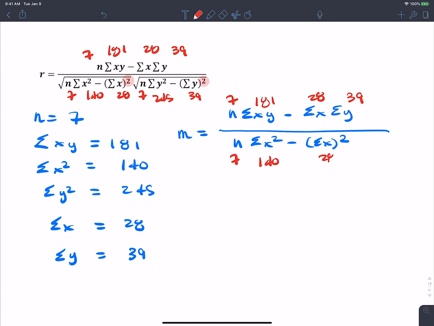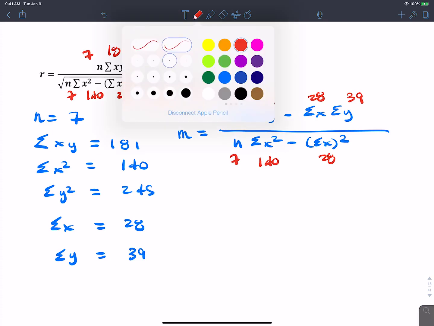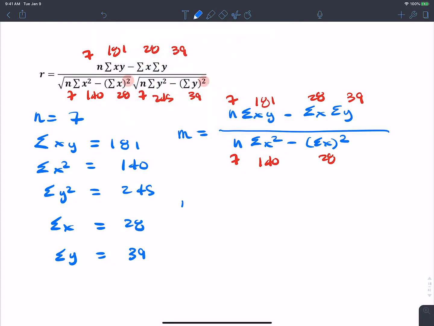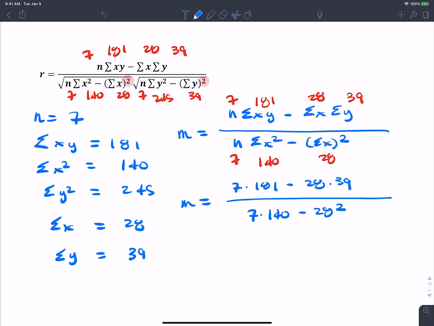Sum x looks like it's 28, so double check everything. 7 times 181 minus 28 times 39, over 7 times 140 minus 28 squared. So we're going to punch this in our calculator and find out what that value is.